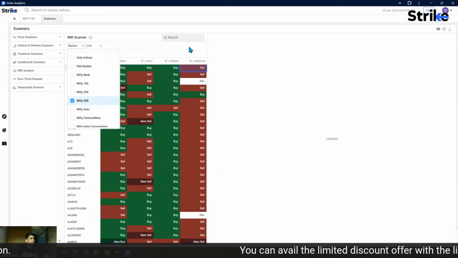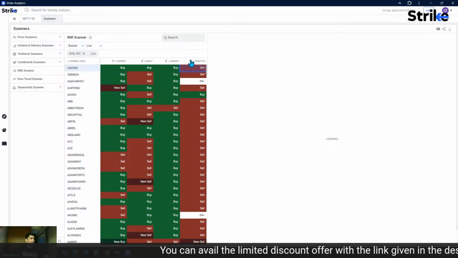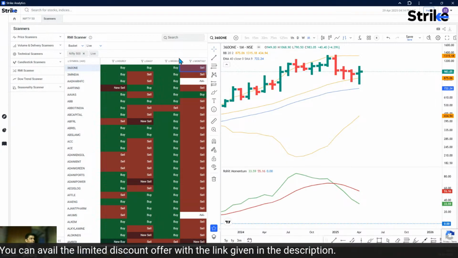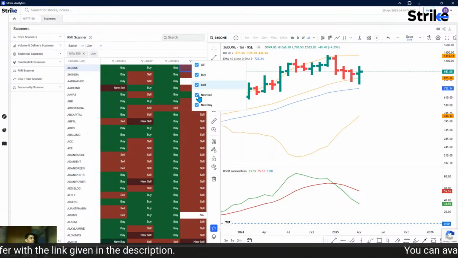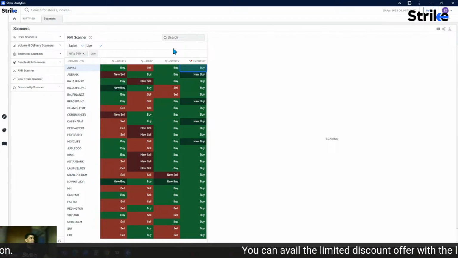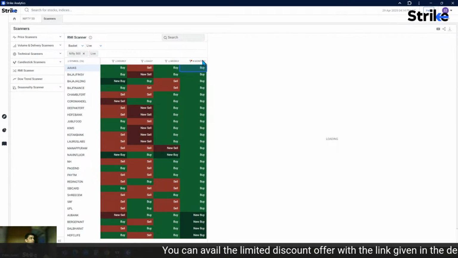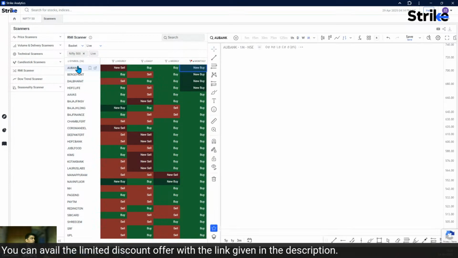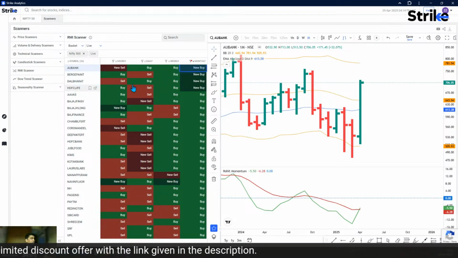Is there any stock on the monthly time frame which is giving a buy signal? I'll eliminate sell and new sell signals as an investor. And yeah, look at these. These are the four stocks: Berger, AU Bank, Dalmia Bharat, HDFC Life.